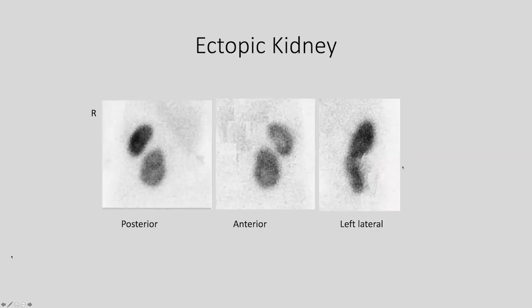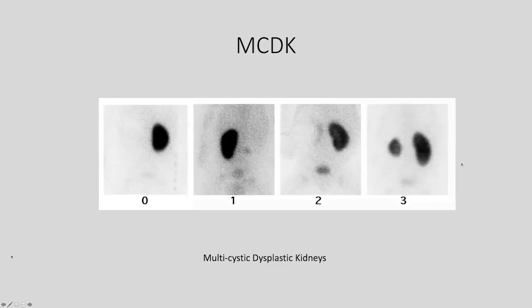Here's a more dramatic example of an ectopic kidney, and this is probably seen quite well with ultrasound as well. But if the ultrasound does not find the ectopic kidney, DMSA is useful to identify the functional renal mass in an ectopic kidney. In the cases of multicystic dysplastic kidneys, these are four examples of patients with multicystic dysplastic kidney.